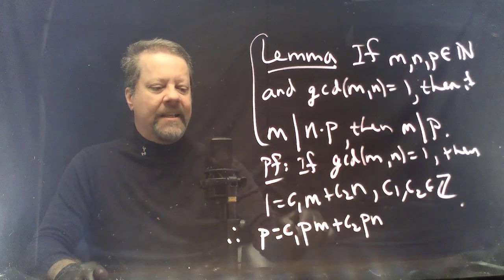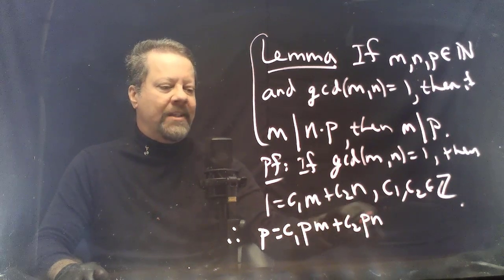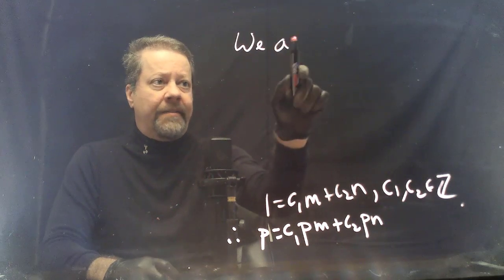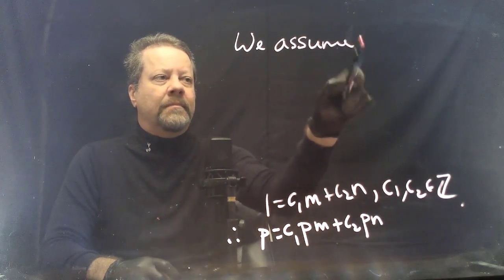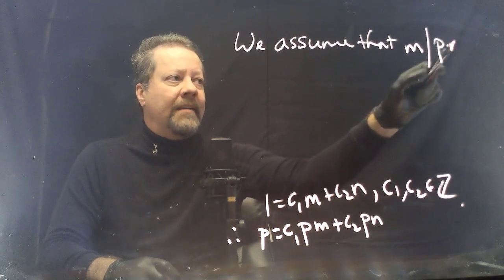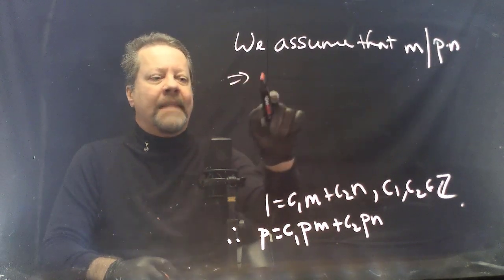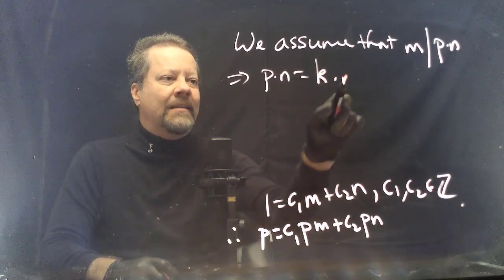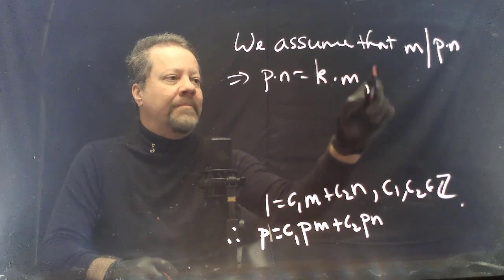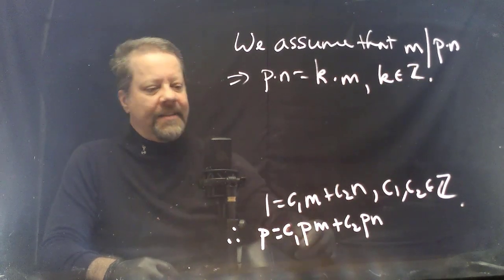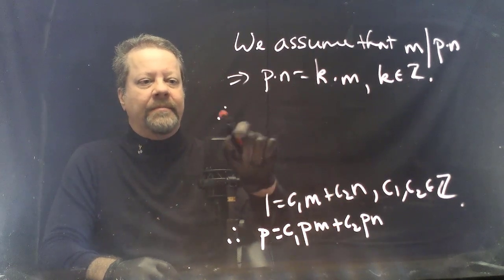So that p is c1pm plus c2pn. One of the hypotheses of the theorem is that m divides p times n. And that implies p times n is some integer k times m. If that's true, we can plug that in down here.